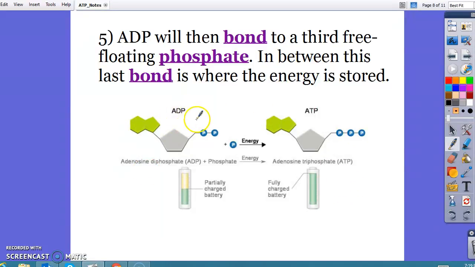ADP has some energy, not a lot. It will go to the mitochondria, pick up that spark of energy, cap a third phosphate on, and it turns into ATP. So ATP is a fully charged molecule. When our body wants to use energy, it's going to take the ATP, take off that third phosphate, and release that spark which our body will use.